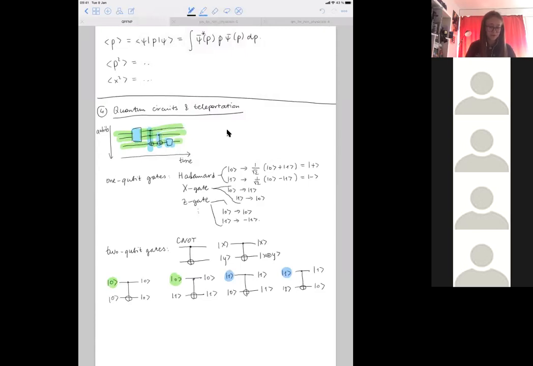So a good example to look at here would be what happens if the state of one of the qubits is not pure. So if the state of one of the qubits is, for example, a superposition of 0 and 1, and the second qubit is 0.